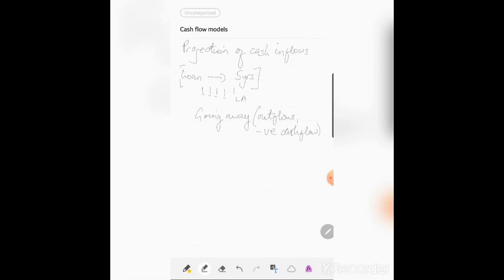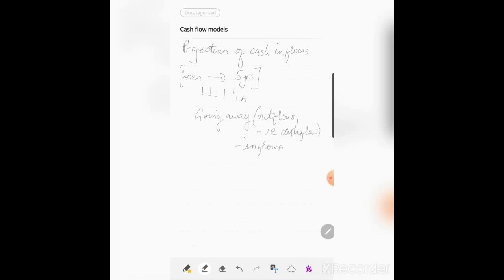So whenever I'm receiving cash, what do we call it? Cash inflows.